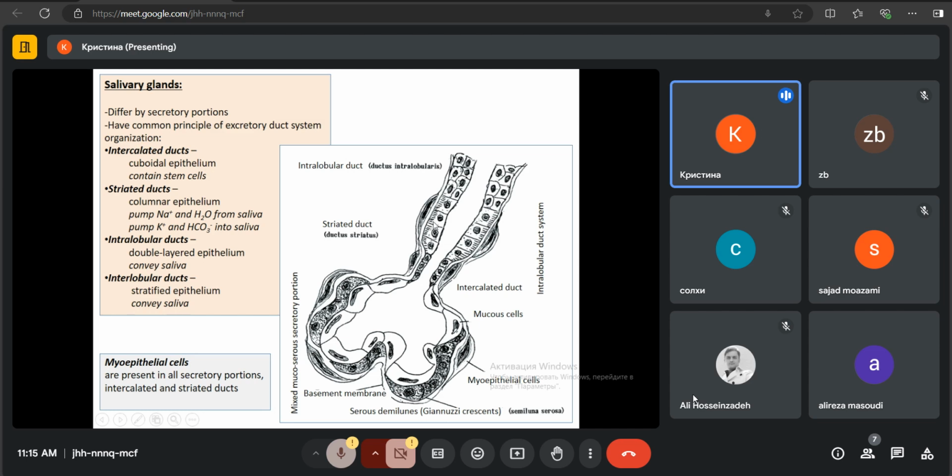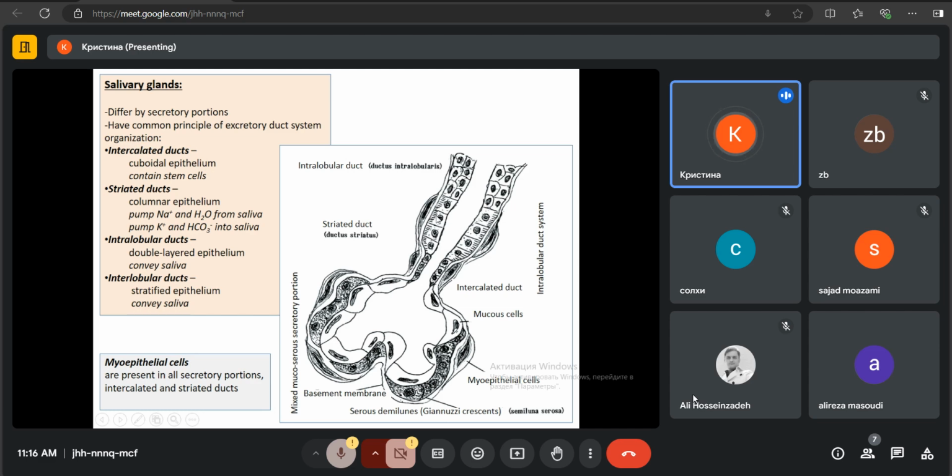Then goes the striated duct. After the intercalated one, the striated duct contains columnar epithelial cells, whose function is to pump sodium and water from saliva through the cell outside to the surrounding loose connective tissue and into blood, and to pump potassium and bicarbonate ions into saliva.